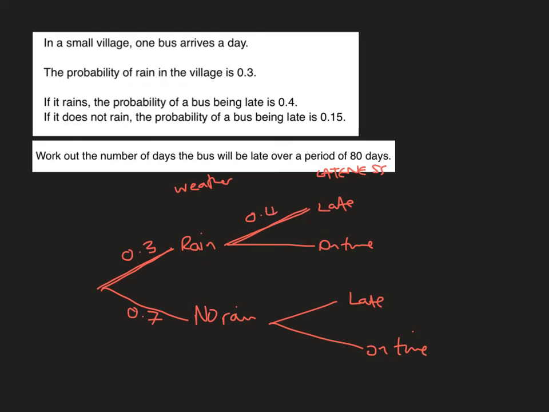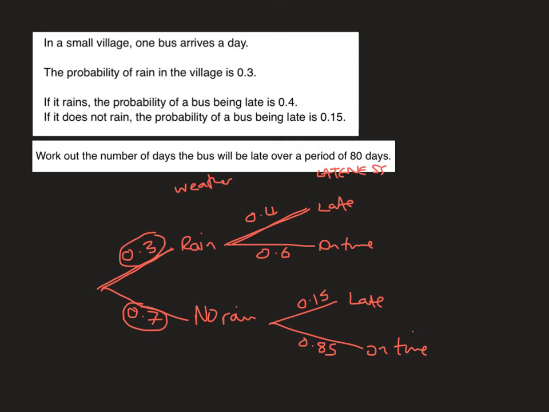So the probability if it rains and it's on time is 0.6. The probability it doesn't rain and is late is 0.15. So if it doesn't rain, it's either late or on time. So therefore that was 0.85.